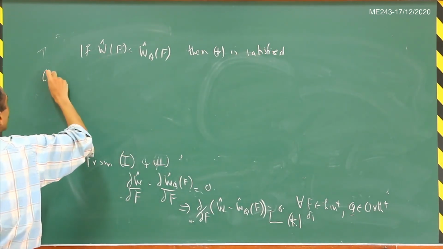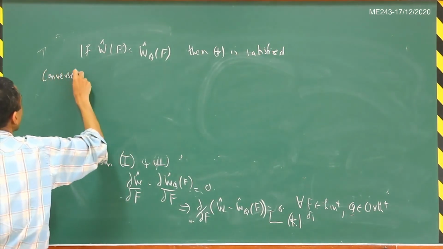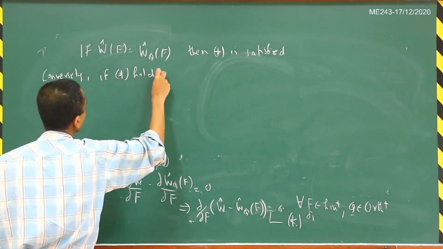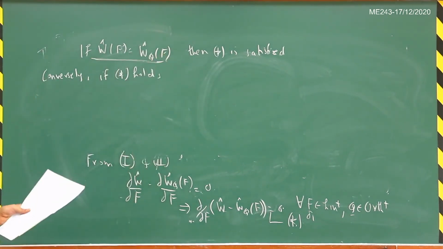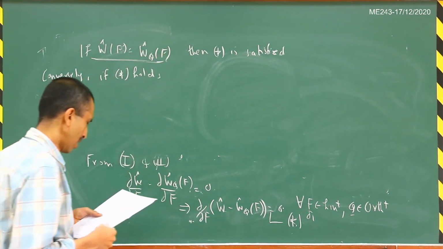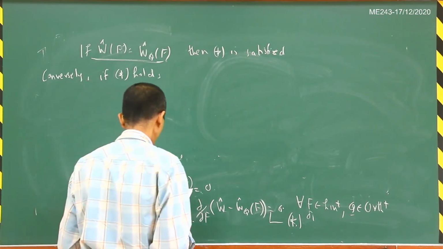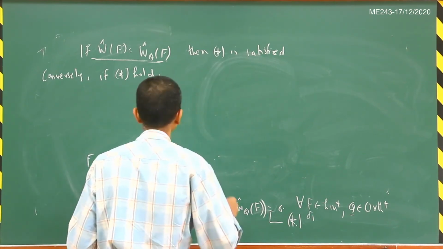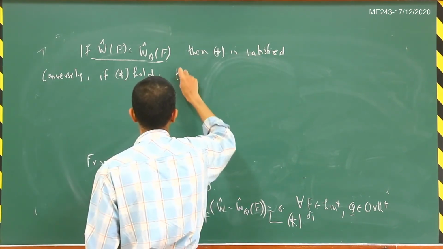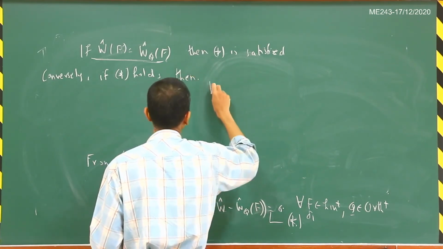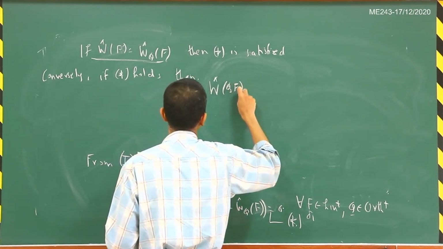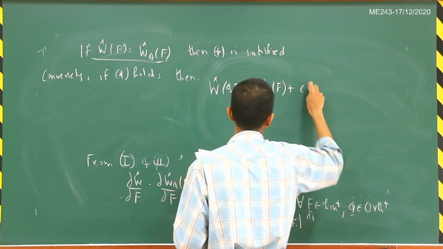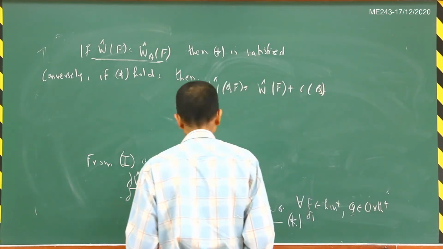Conversely, we also need to show the converse. If star holds, we need to show that this particular statement is true. Then we have that W hat of Q of F is equal to W hat of F plus C of Q. That is what we get.